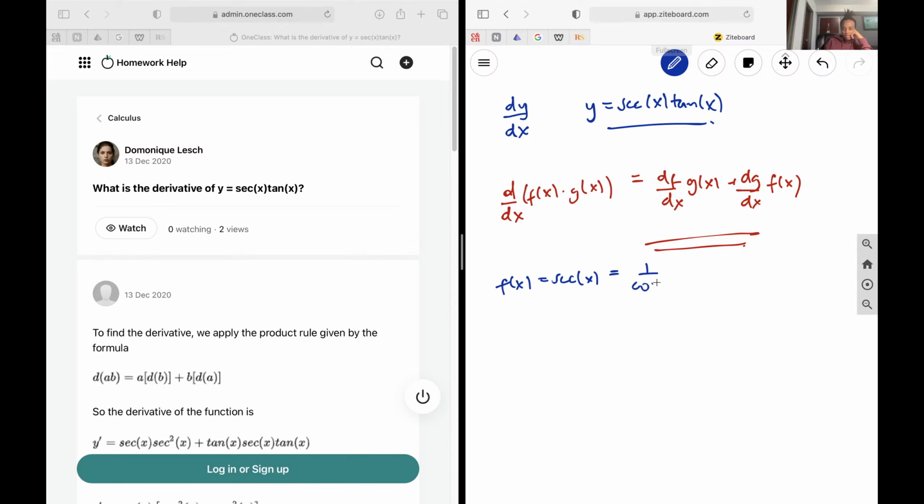Okay, and so we have that our f of x is equal to secant x, which is 1 over cos x, and our g of x is equal to tan x, and that is sine x over cos x.